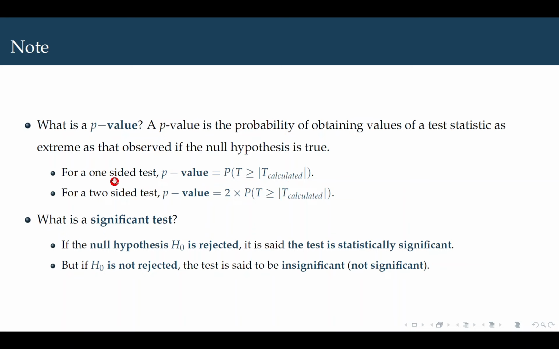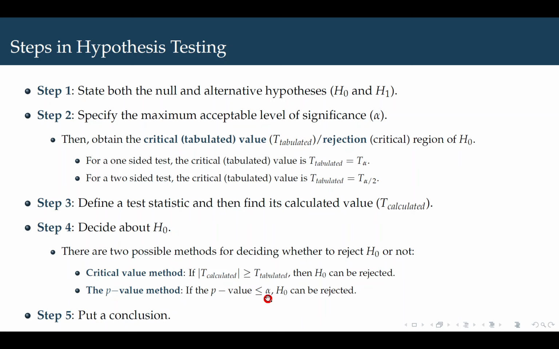This is for a one-sided test. And for a two-sided test, we need to multiply by 2, that is, 2 times the probability of t greater than or equal to the absolute value of the calculated test statistic. So if this p-value is less than the maximum acceptable level of significance, H naught can be rejected.